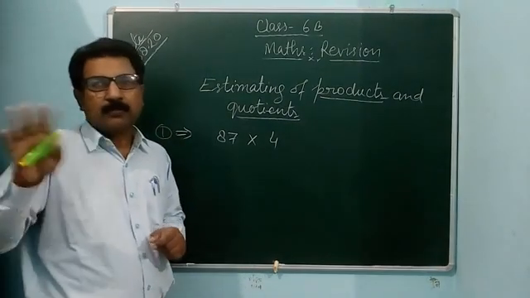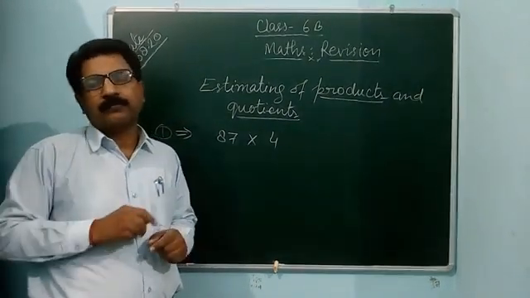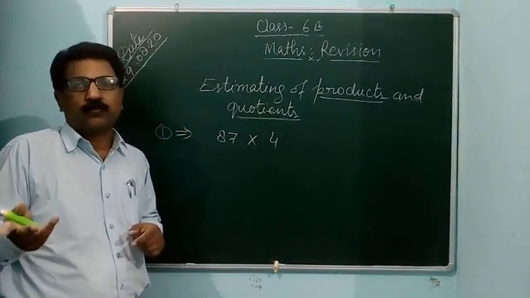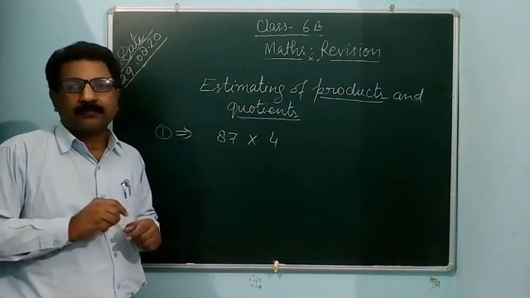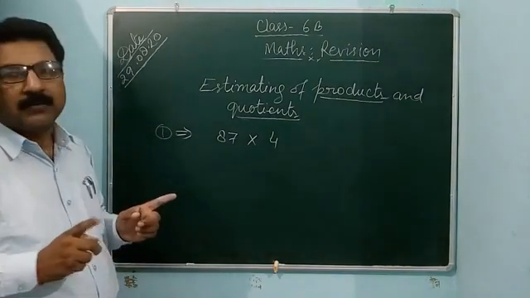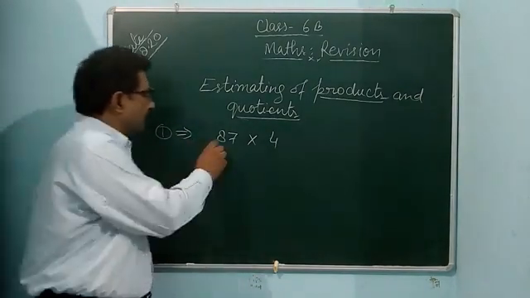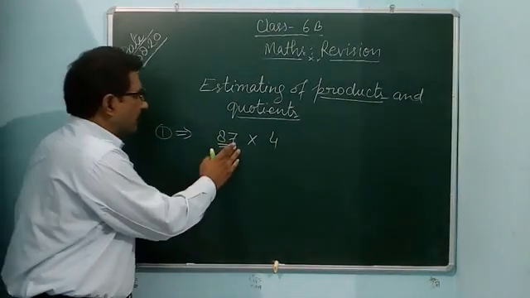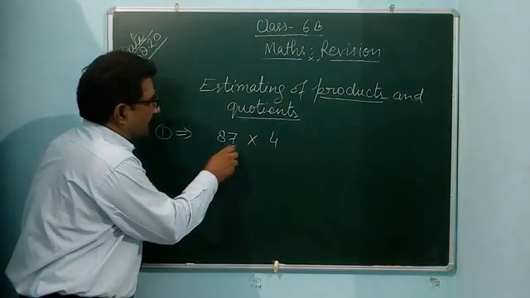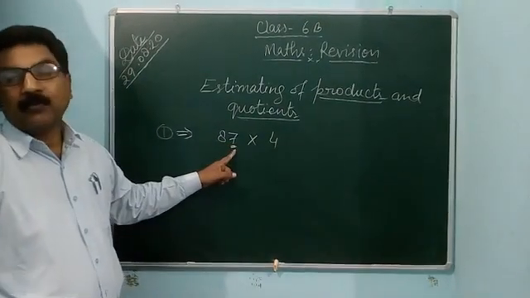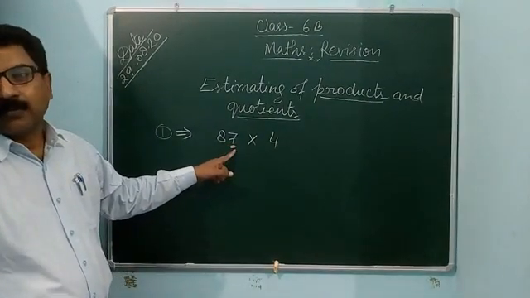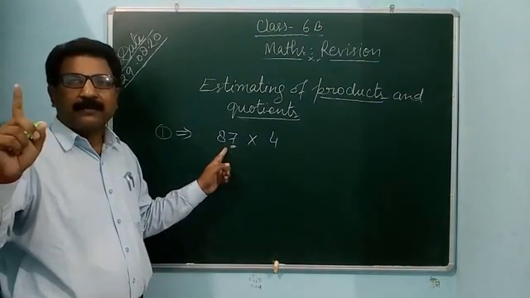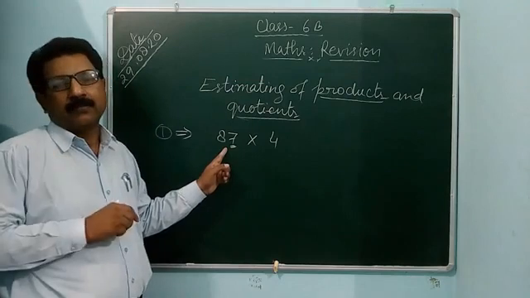you don't round off. If the number has 2 or more digits, then you can round off. And take care, if you have a 2-digit number, you round off only the ones digit, to the nearest ten. I told you already, in a 2-digit number you take only the last digit, the ones place.